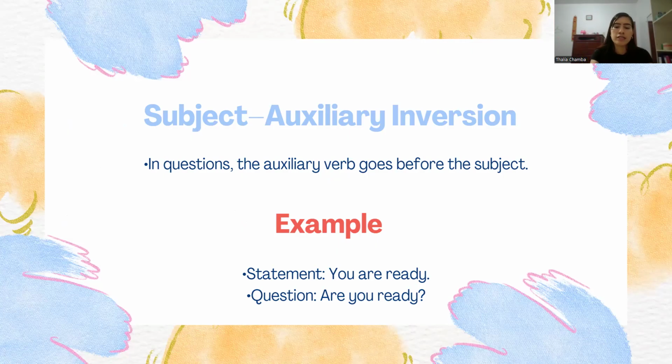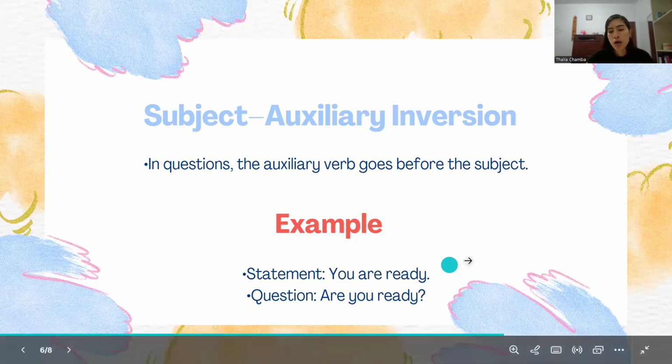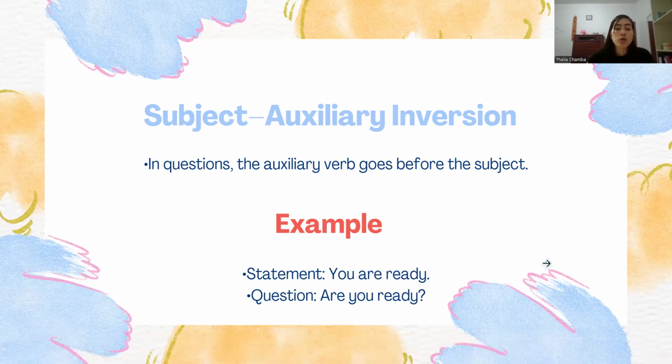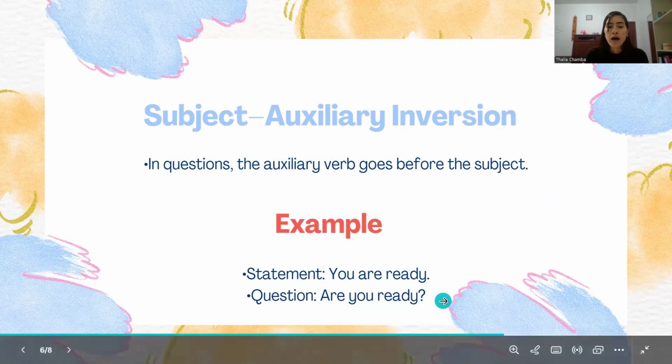Okay, let's see. For example, the statement "you are ready." To make the question, we have to move the auxiliary "are" before the subject "you." Okay. So the question becomes, are you ready?